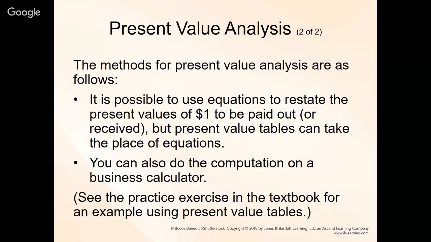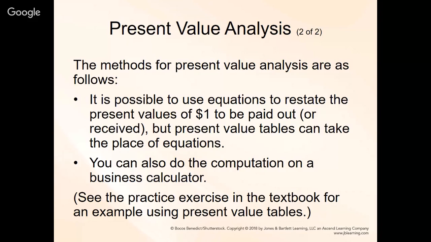Now, from that, since we have our present value of the dollar, it's fairly simple to find the present value of any number. Because at that point, you are just going to multiply the other number by the factor that you found in the table.